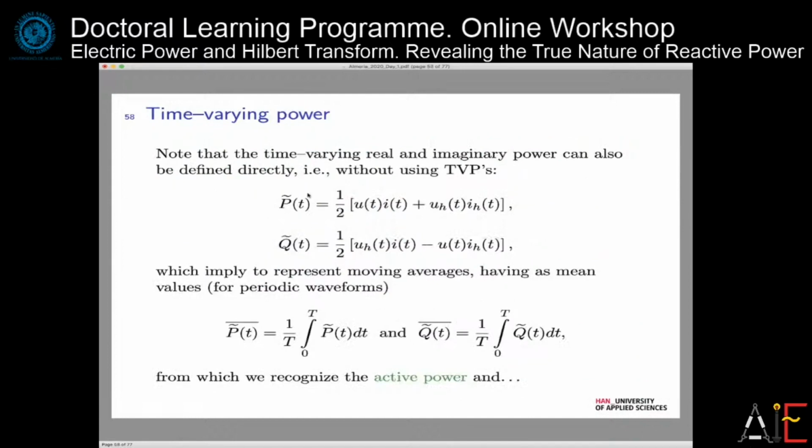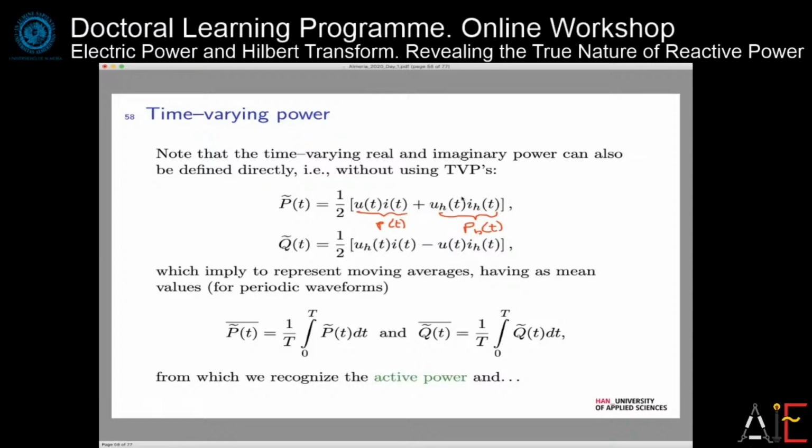You can also avoid all these things, do a bit of math, and conclude that the real part is given by the sum of your instantaneous power, the original one, and perhaps its Hilbert pair, that's given over here. And for the reactive power, people who are working with geometric algebra, for example, should recognize some things over here: the skew symmetric property with the minus sign and the mix of these products.